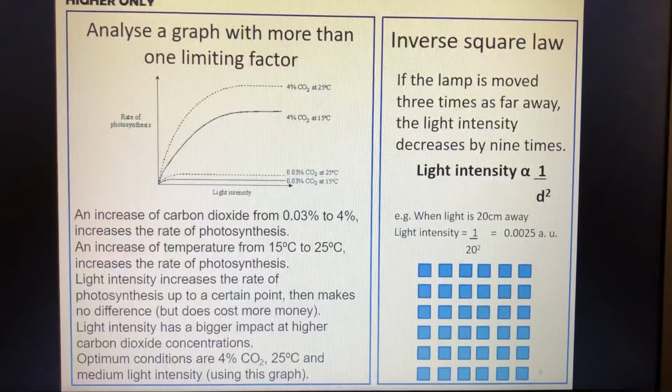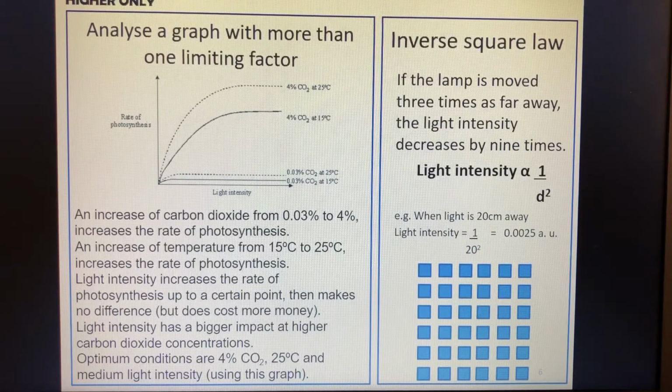We've then got this thing called the inverse square law, which looks a lot more complicated than it really is. Basically what we're saying here is if I move the lamp 4 times the distance away, 4 squared is 16, so the light intensity will be 16 times less bright.